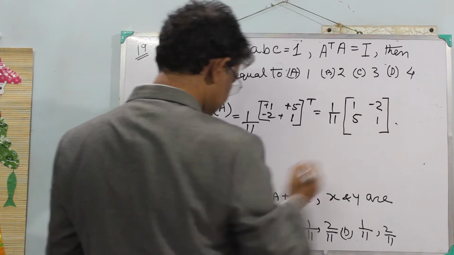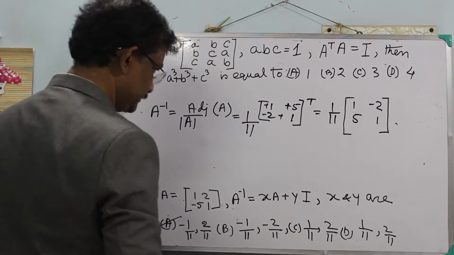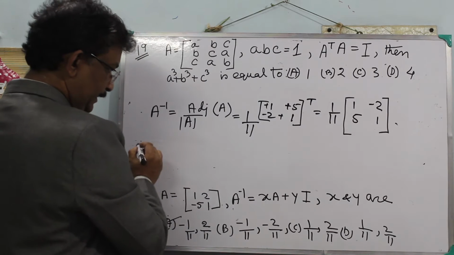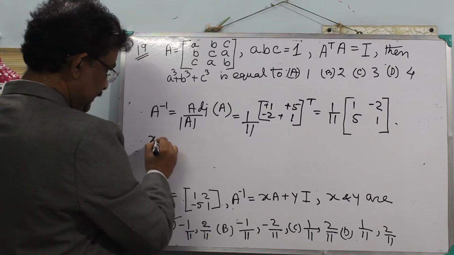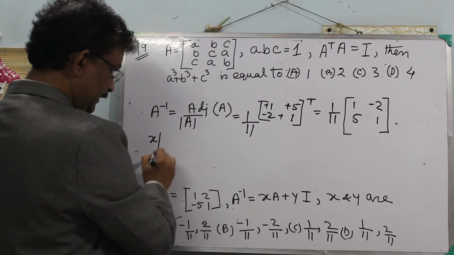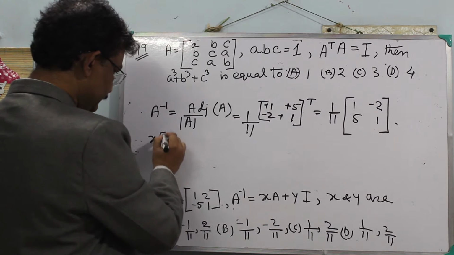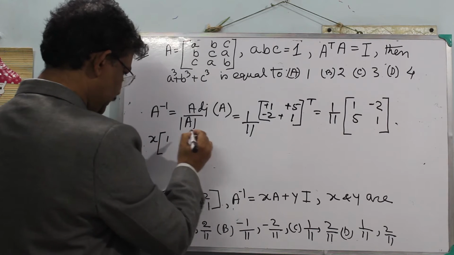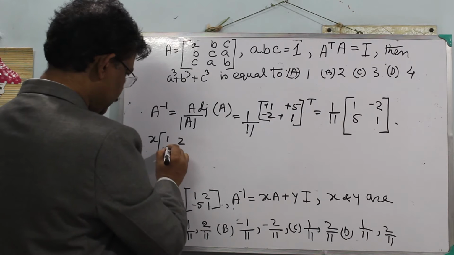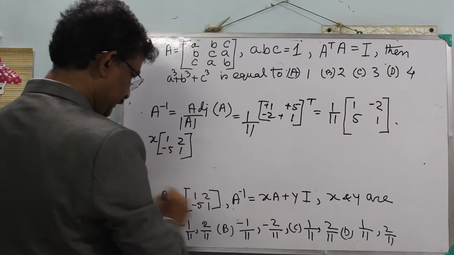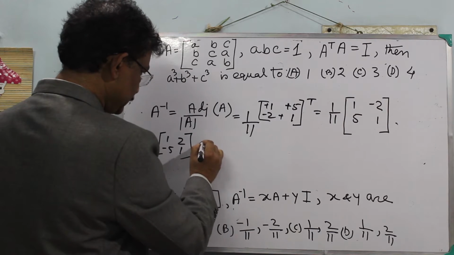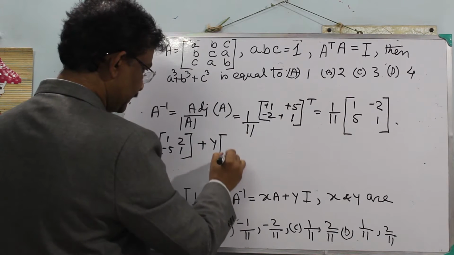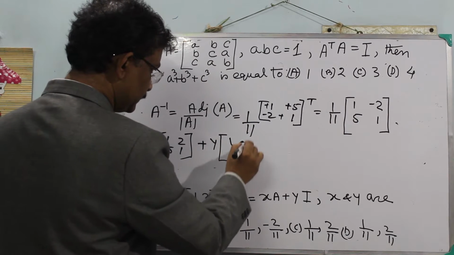This is the matrix A inverse, and XA plus YI. XA, X into A, is X times 1, 2, minus 5, 1, and XA plus YI, Y into identity 1, 0, 0, 1.